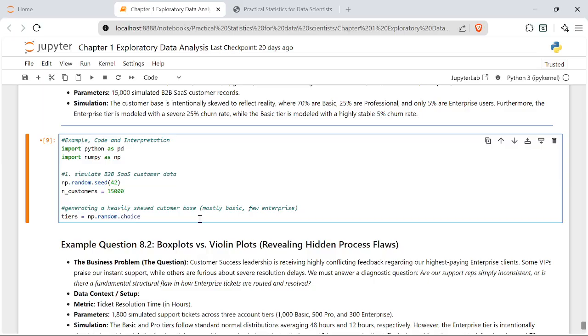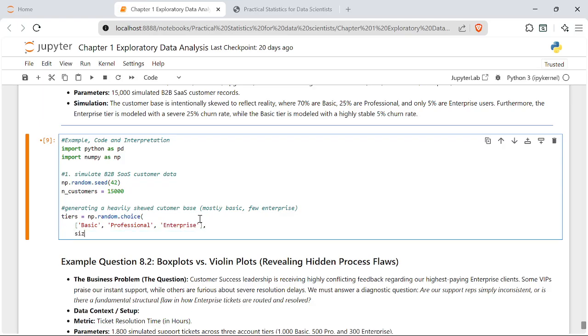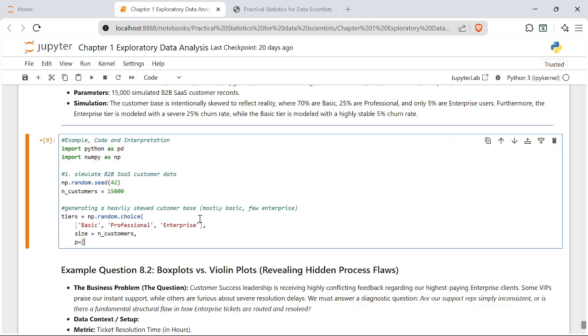np.random.choice basic, professional, enterprise, size equals n_customers, comma p equals 0.70, 0.25, 0.05.